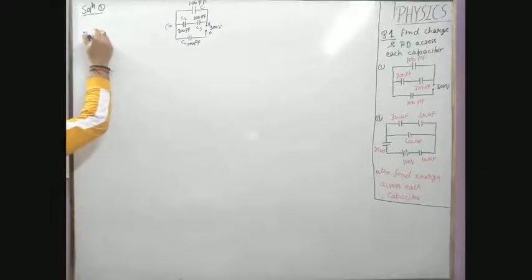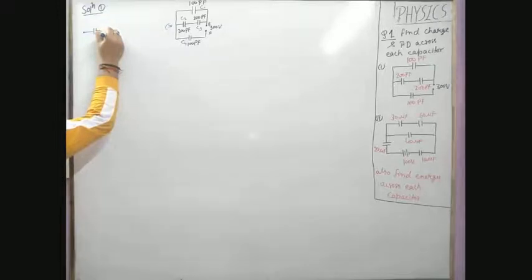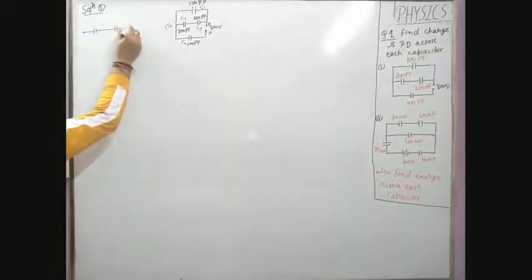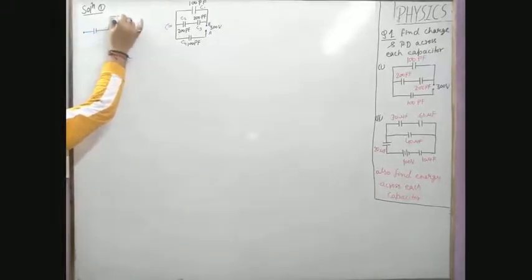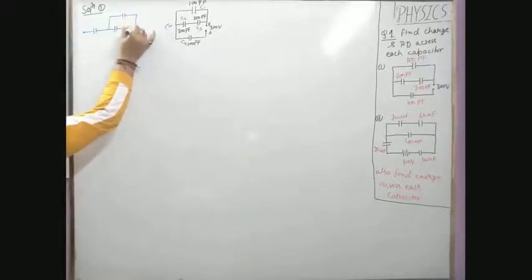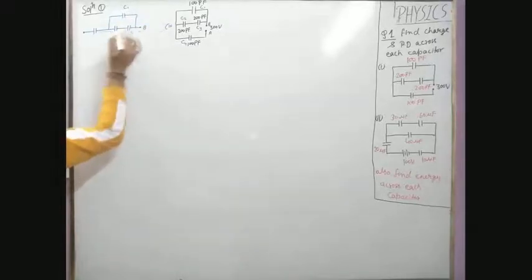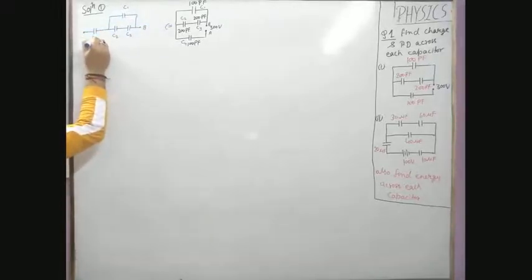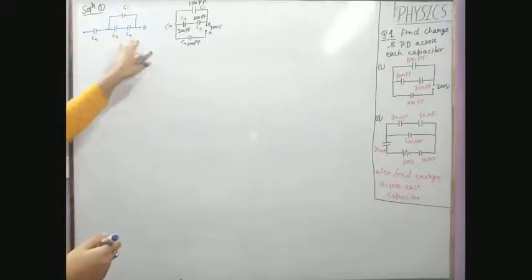From point A, this is C1, this is C2, this is C3, this is point B and this is C4. Clear? This is reduced to this circuit.